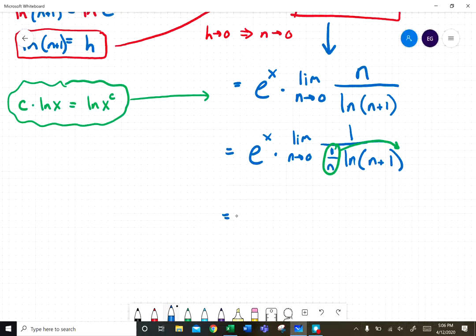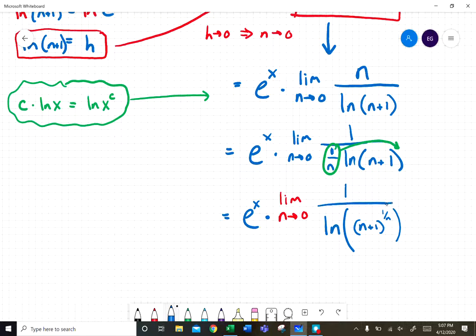Okay, so we have e to the x times the limit. I'm going to just put the limit in red for now. The limit as n approaches 0 of 1 over the natural log of n plus 1 to the power 1 over n.